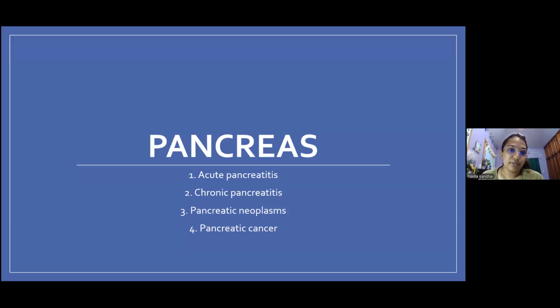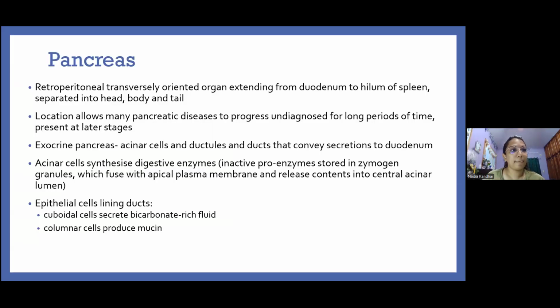So the pancreas is a retroperitoneal, transversely oriented organ extended from the duodenum to the hilum of the spleen, separated into parts, the head, the body, and the tail. The location of the pancreas allows many diseases to progress undiagnosed, and as such, cancers present at later stages.